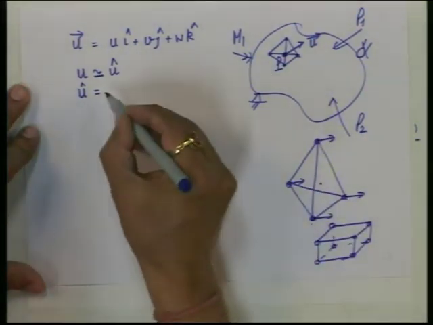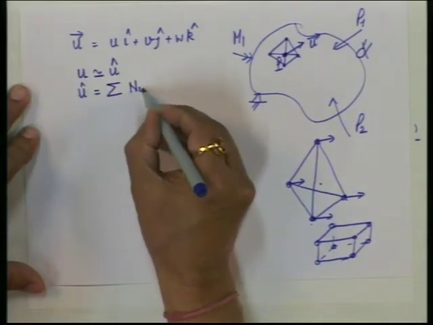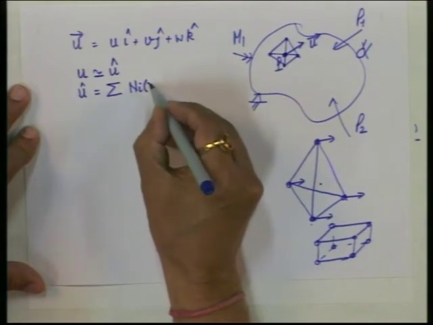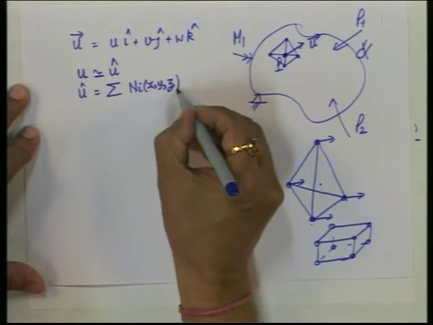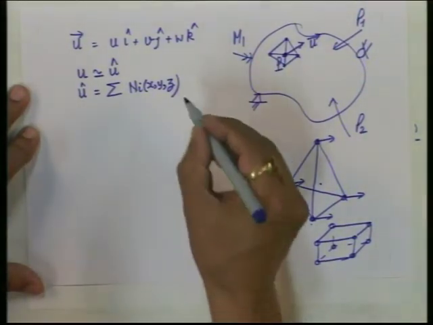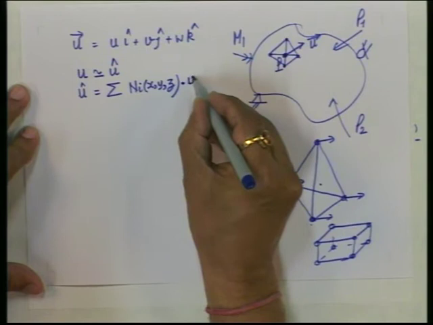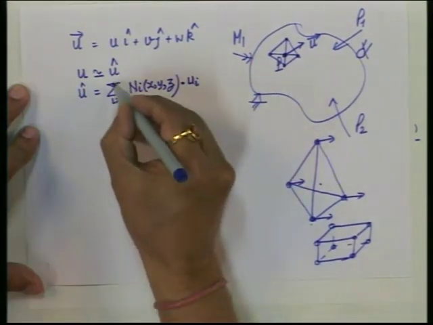So, we write this as sigma N I. Now, here the shape function will be a function of 3 dimensions, because we have to have a shape function that is a function of x, y, z, into u I, with I going from 1 to n.